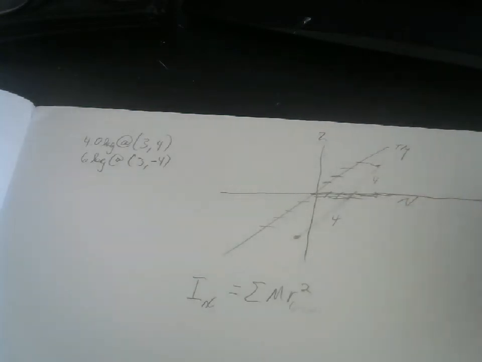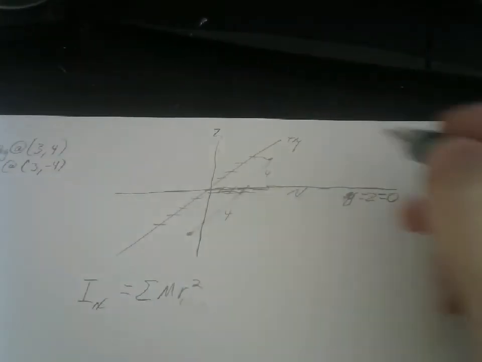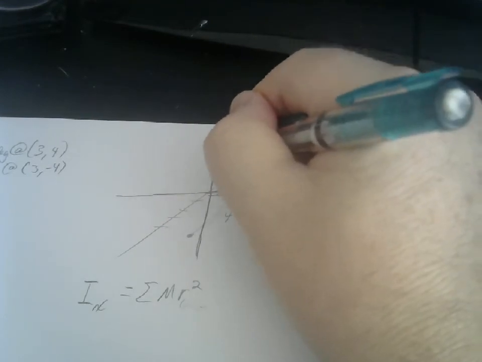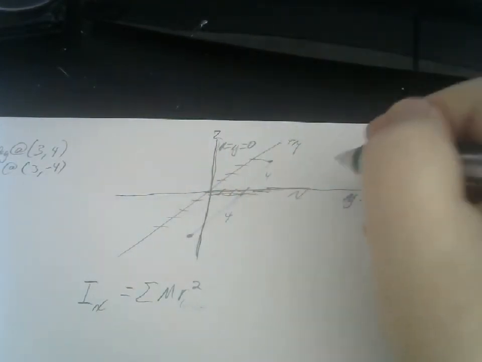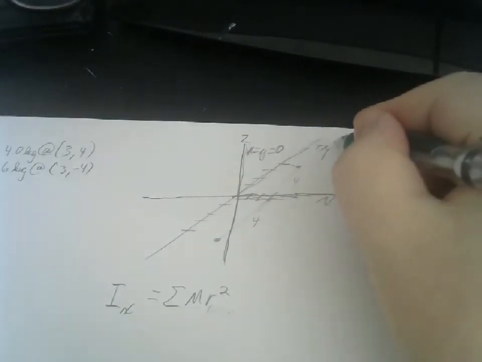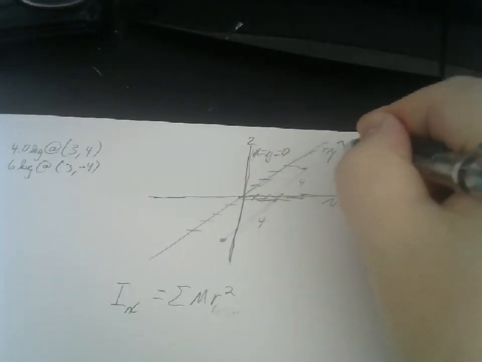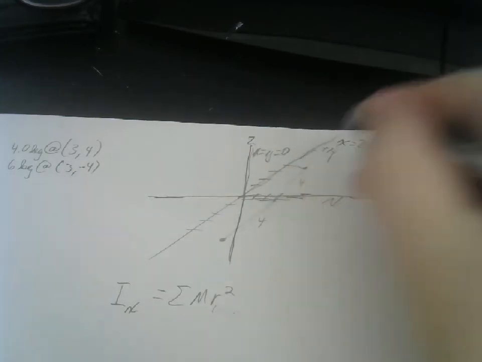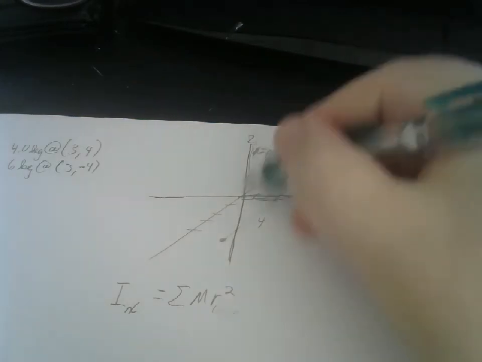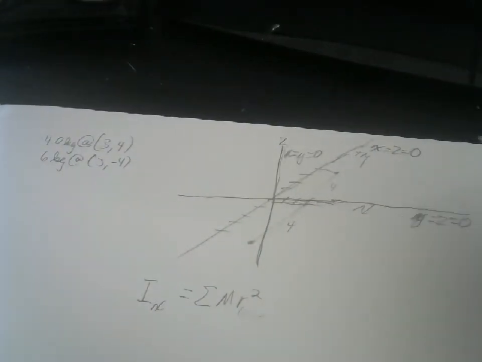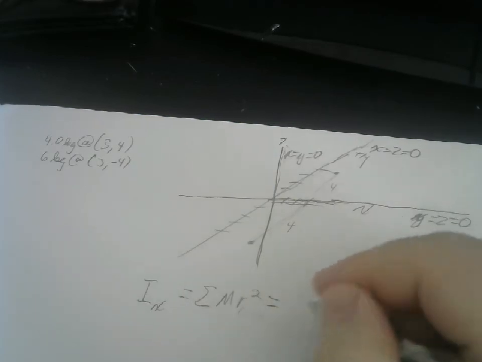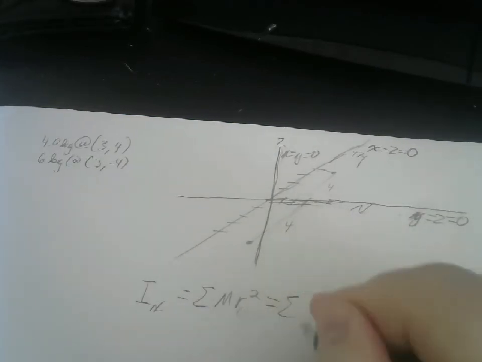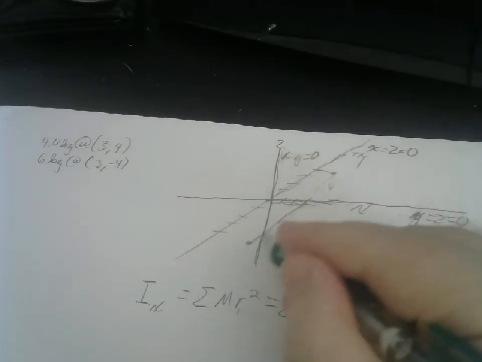This line is the line that says y equals z equals 0. And this line, the z-axis, is x equals y equals 0. And the y-axis is the line x equals z equals 0. So both x and z are 0 on this line, both y and z are 0 on this line, and both x and y are 0 on that line. But what we're interested in for this one is just this distance here.